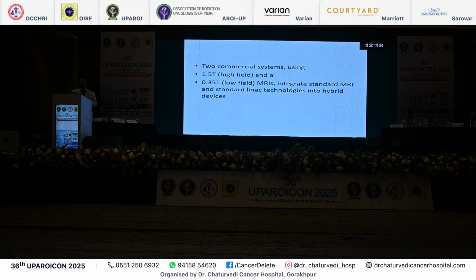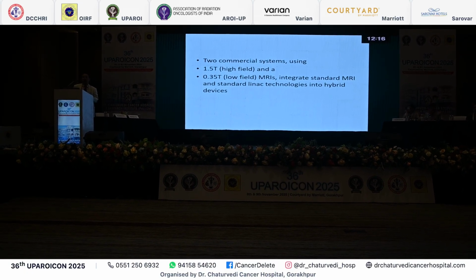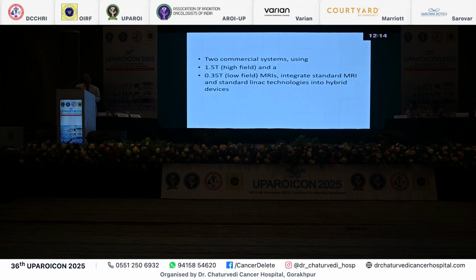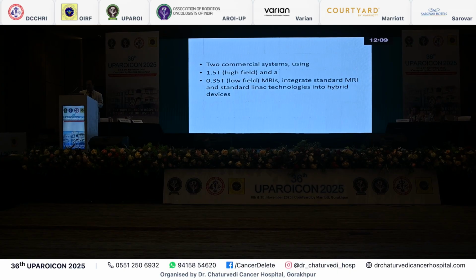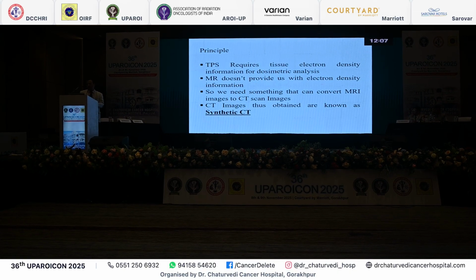Commercially, at present, there are two systems available: the high field 1.5 Tesla with Linac and the 0.35 Tesla low field MRI integrated with Linac.